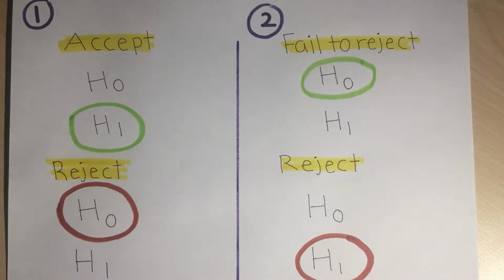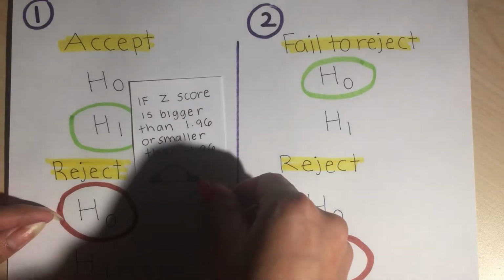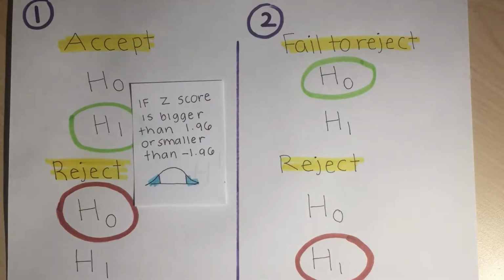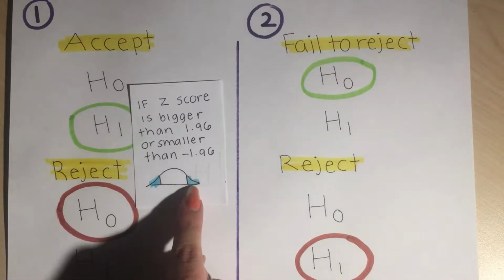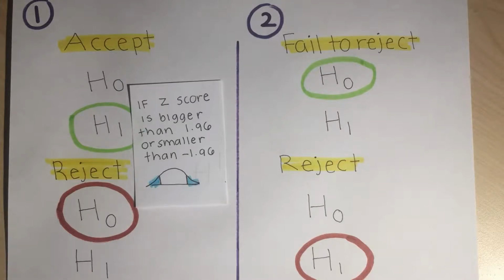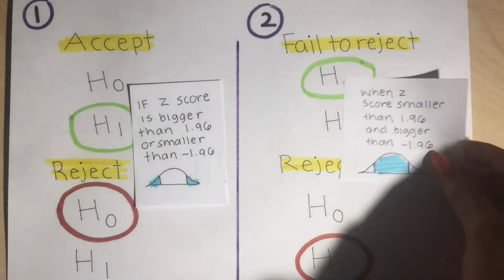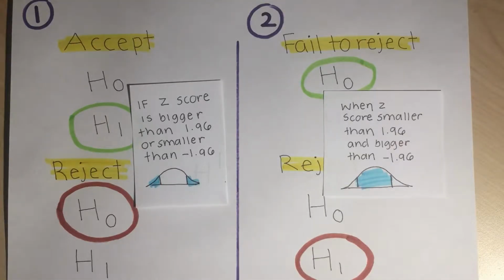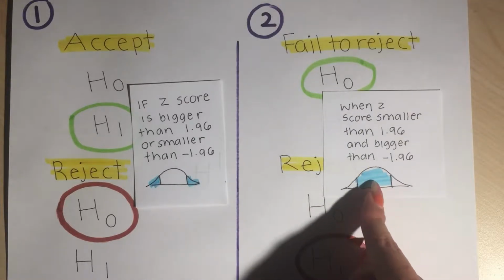You accept the alternative hypothesis and you reject the null when your z-score is bigger than 1.96 or smaller than negative 1.96, so if you're in the critical regions that I showed before. The second scenario happens when you get a z-score that is smaller than 1.96 and bigger than negative 1.96, which will have your z-score be in the middle.